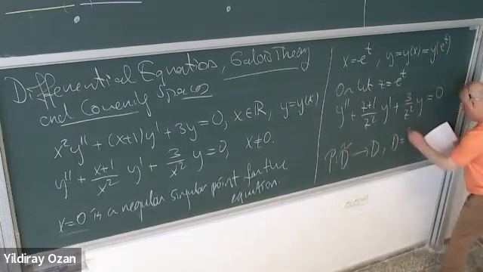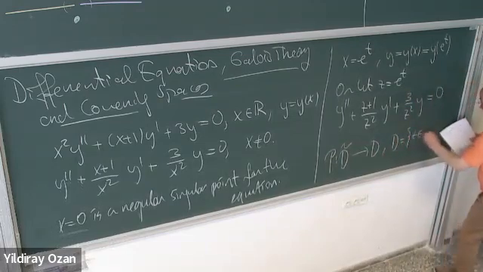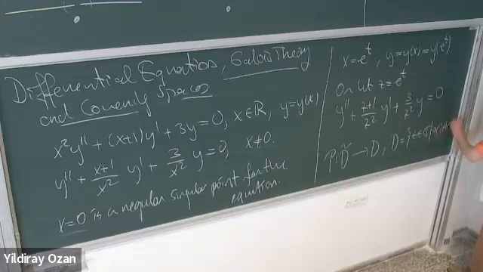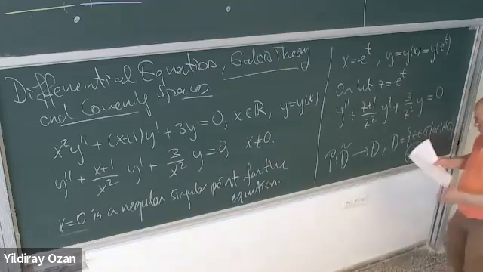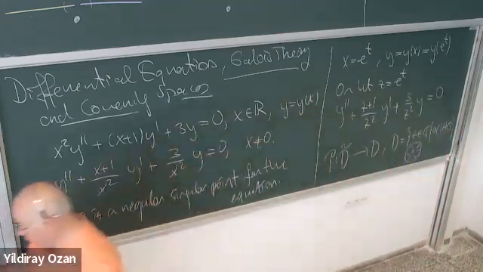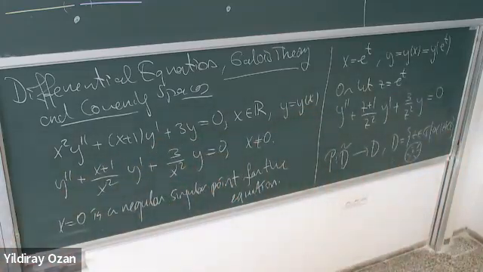D is just the complex numbers with norm between 0 and 1. So the unit disk, but the 0 is excluded, and D tilde is the following.